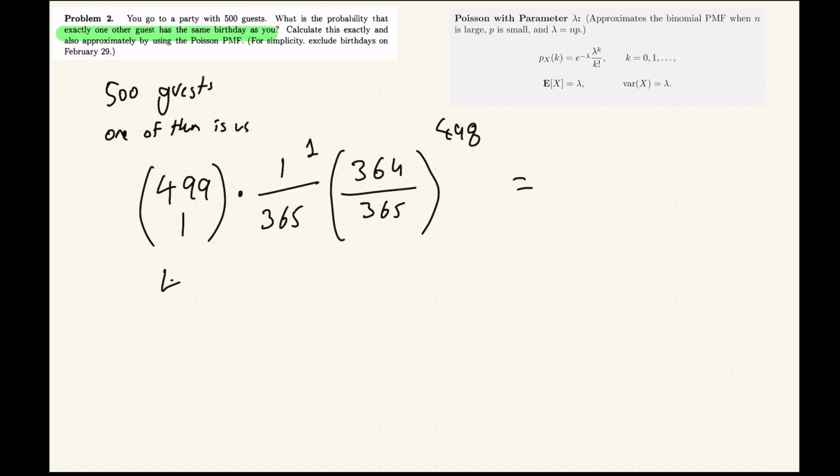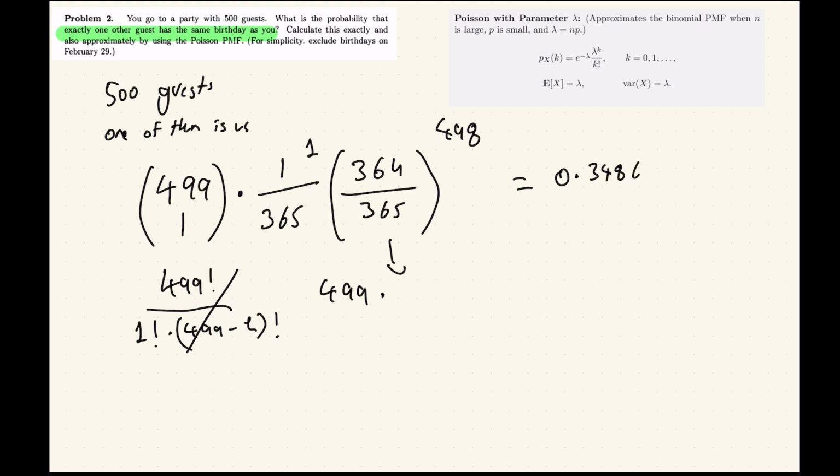This gives us 499 factorial divided by 1 factorial times 499 minus 1 factorial, which will be 499 divided by 498 factorials, which just gives us 499 times the equation up here. Now plugging this in to our calculator gives us 0.34869, etc.